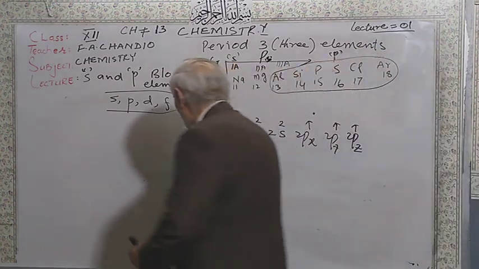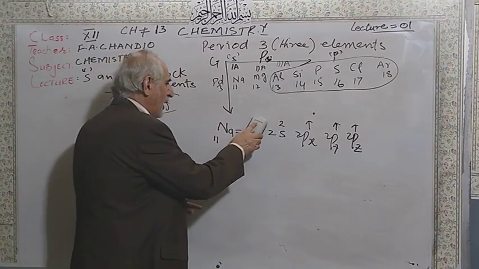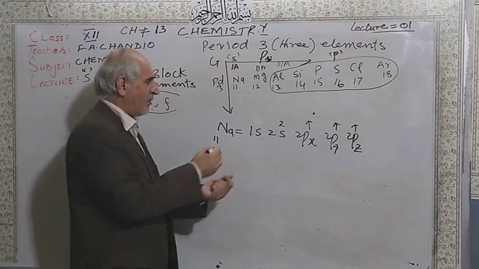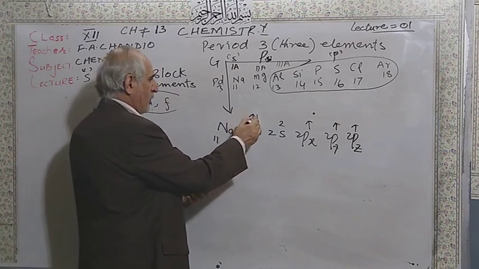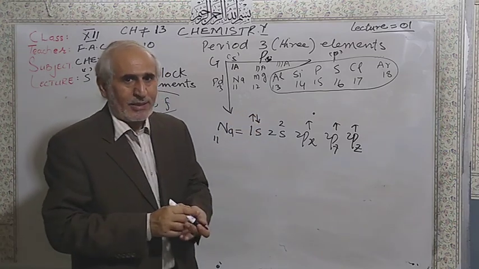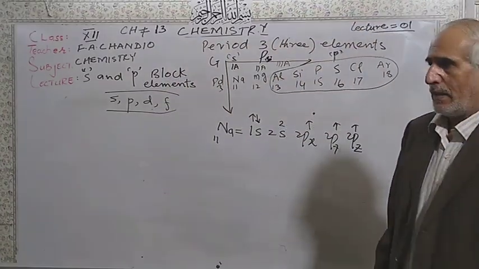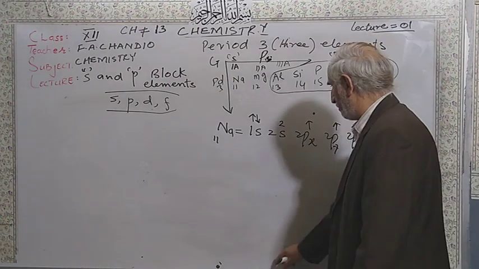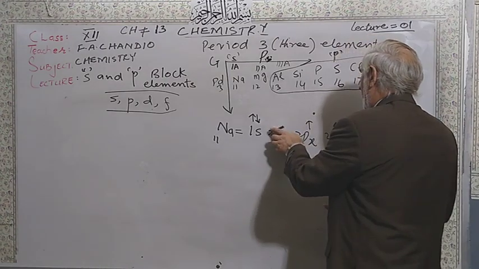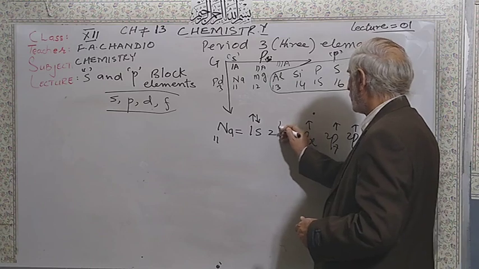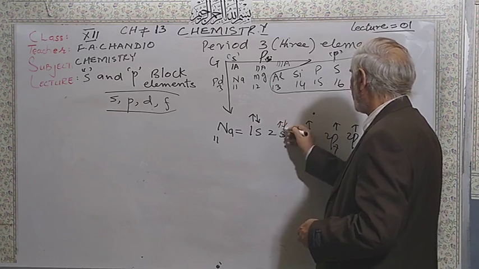And when you put 2 electrons in the same energy level, their spin should be different. This is according to Pauli's exclusion principle. So this is again s, 2 electrons, so their spin should be different.